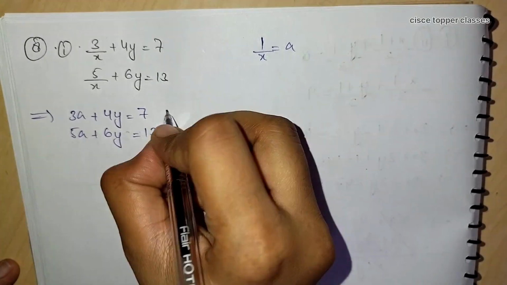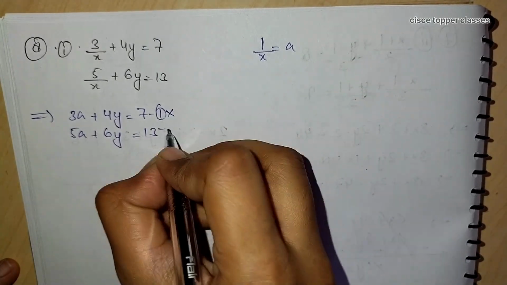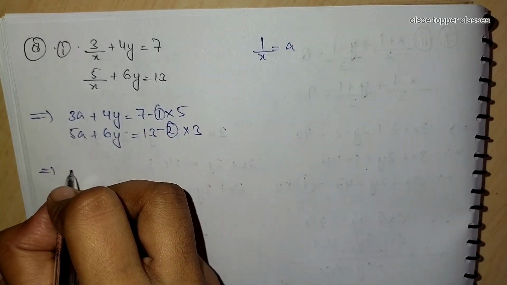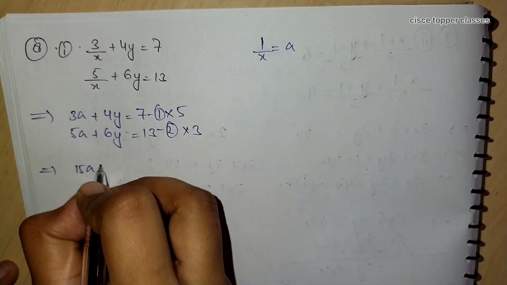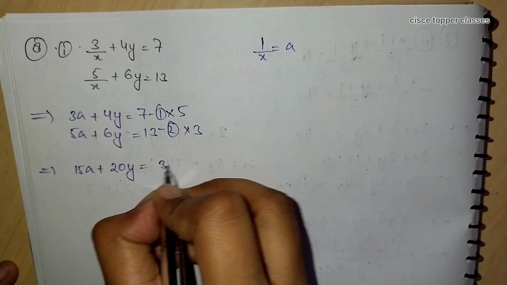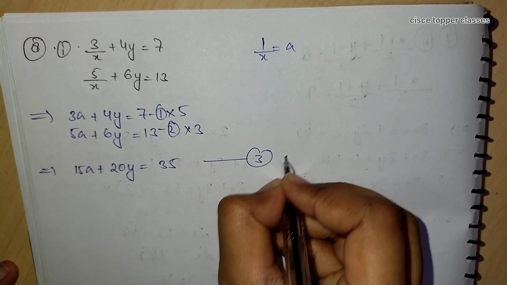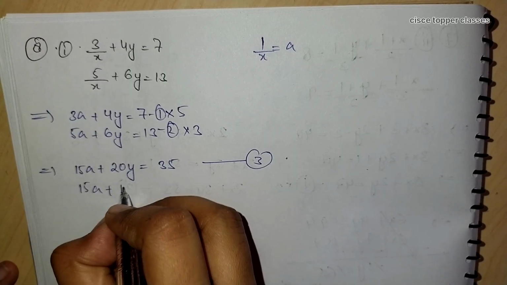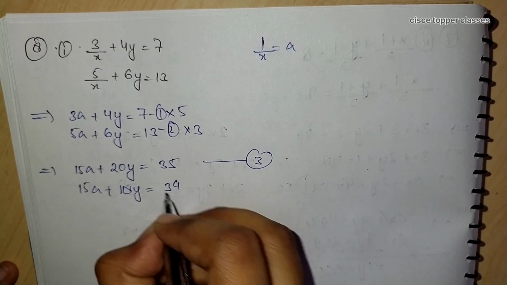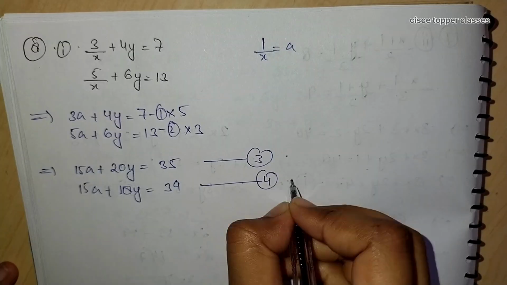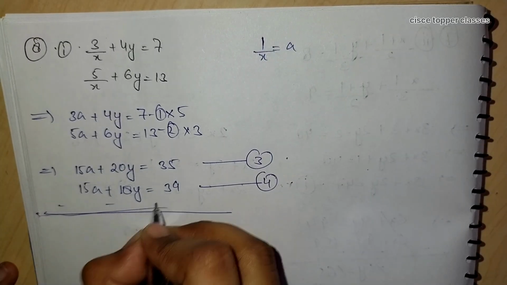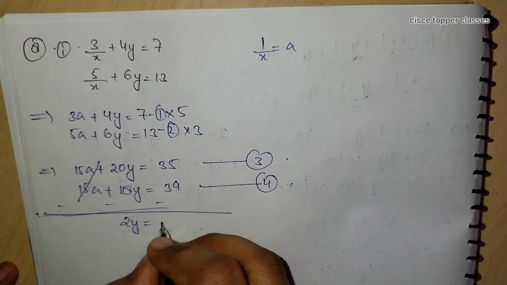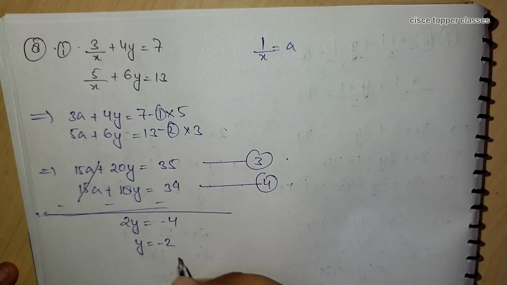Here we can multiply the first equation and second equation by 5 and 3 to cancel out 15a. So 15a plus 20y equal to 35, and this is the third equation, and here 15a plus 18y equal to 39, and this is the fourth equation. Now we will subtract. On subtracting we will get 2y equal to minus 4. So y is equal to minus 2.